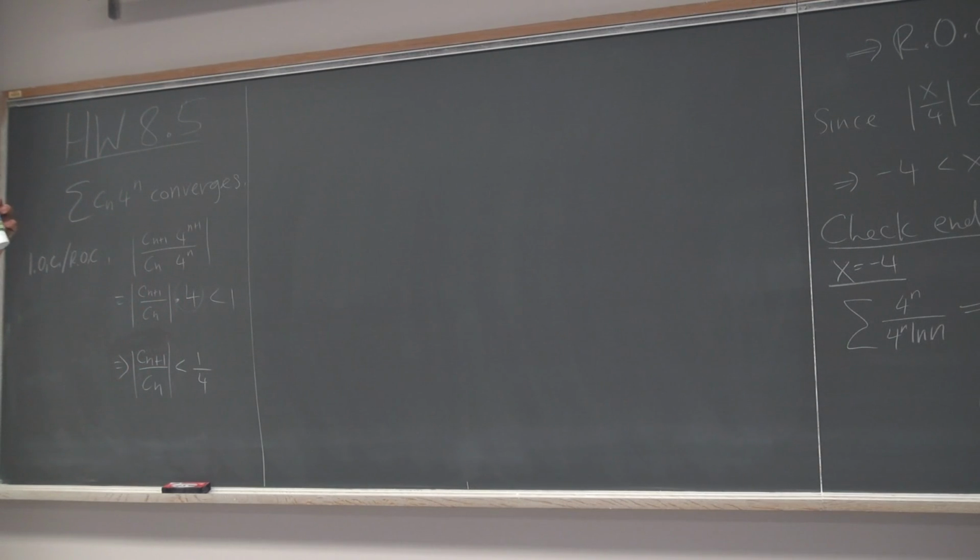So can you come up with an example where B doesn't converge for the Cn? You'd have to choose a Cn.